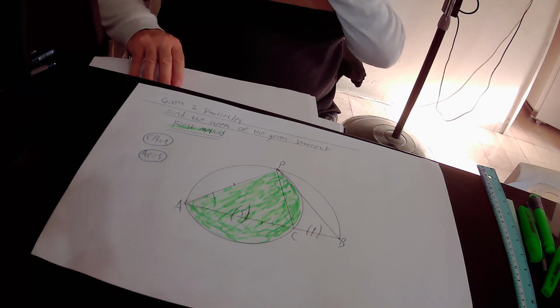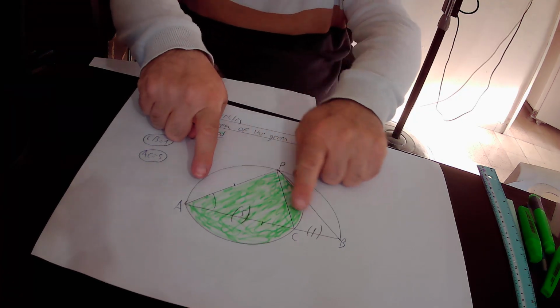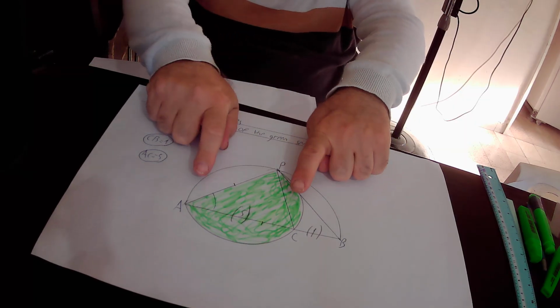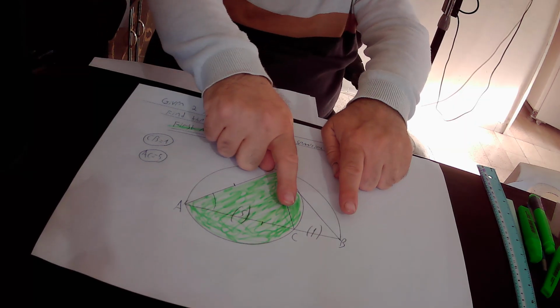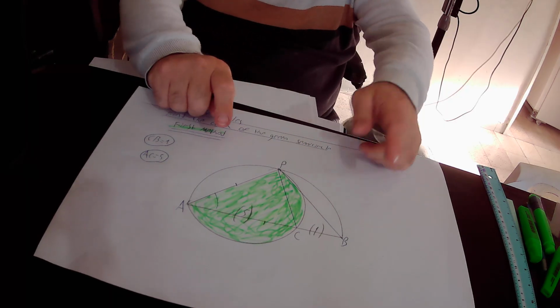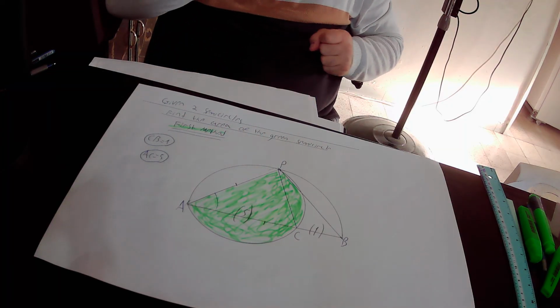In the first method, we know, in addition, that AC equals 5 units in its length. CB equals 1 unit in its length. Again, our mission is to find the area of this green semicircle.